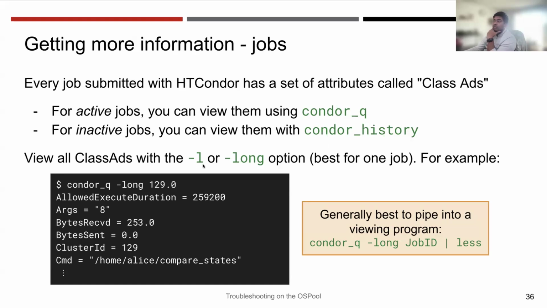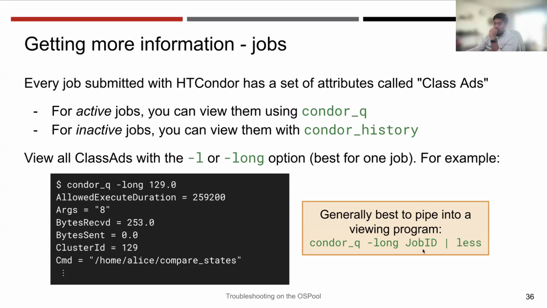You can view all of those using the -l option, which is short for -long. Also, if you know what you are looking for, the HTML documentation has details about all the class ads that are available. You can grab that.